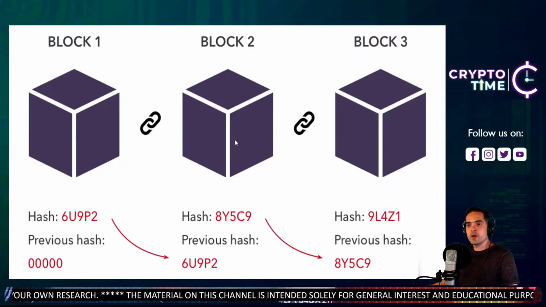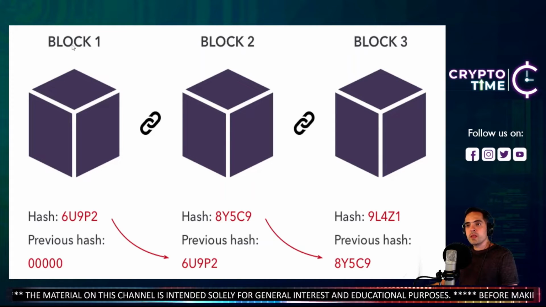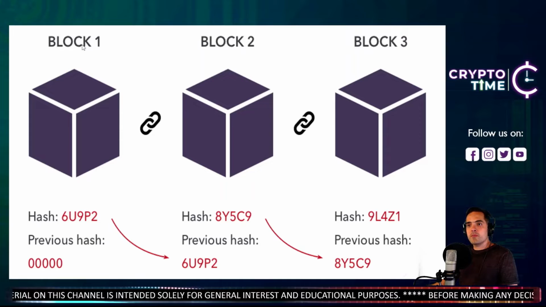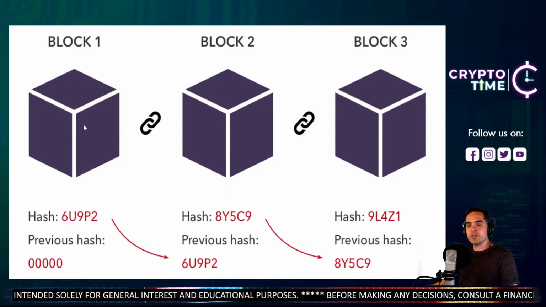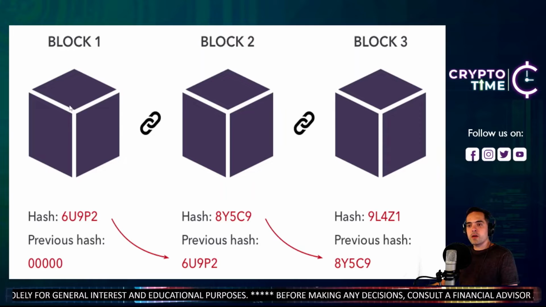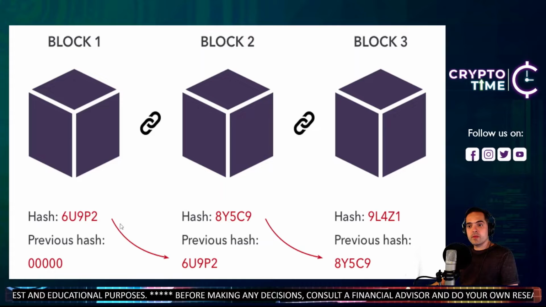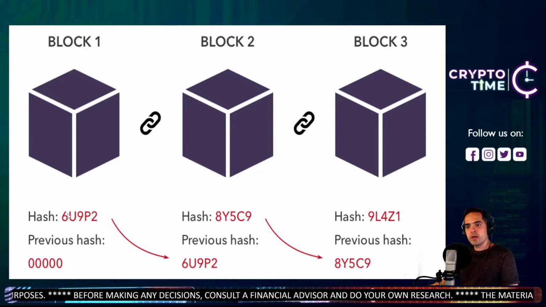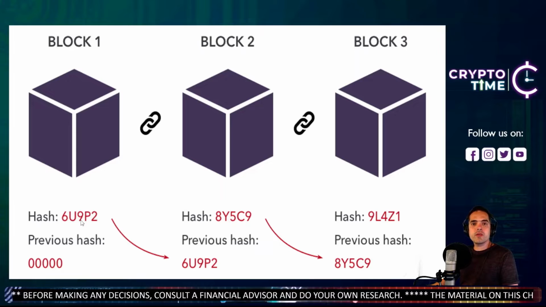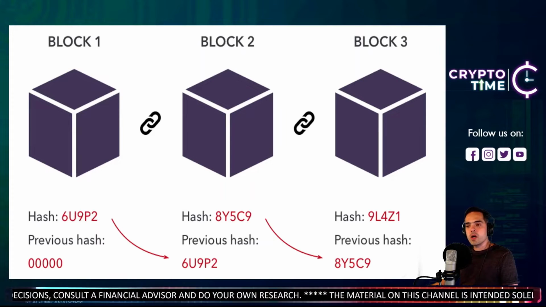If we move on, here we have a picture showing how that works. We have block 1, let's call this our starting point of our blockchain, and then we have this hash. As a beginner we don't need to worry about this, unless you want to go deep on the technical part of the blockchain.